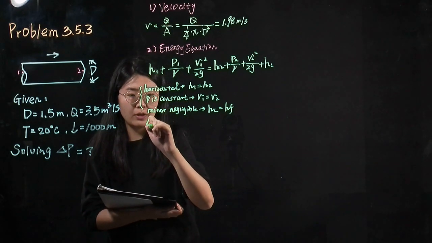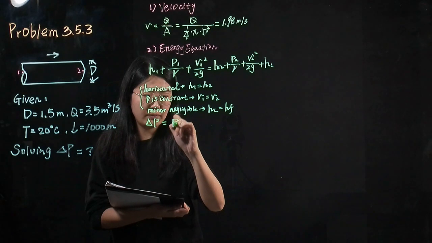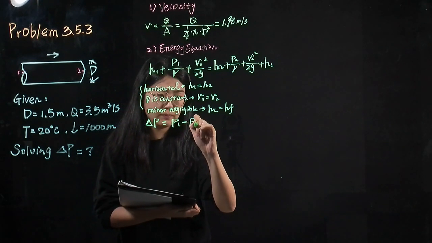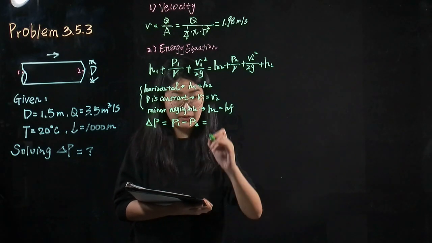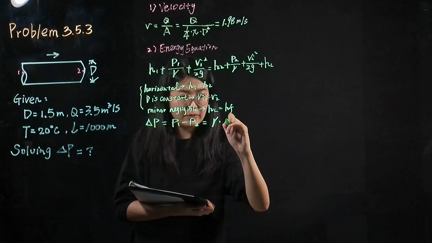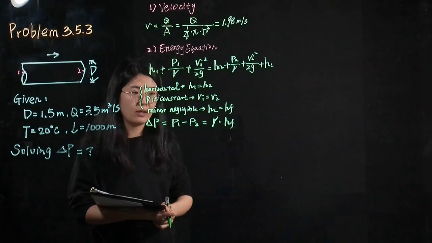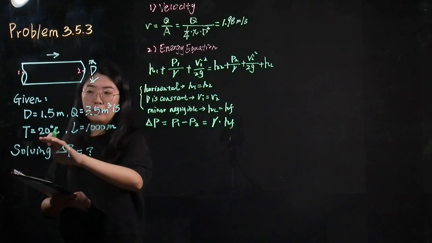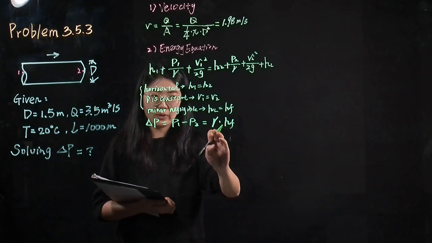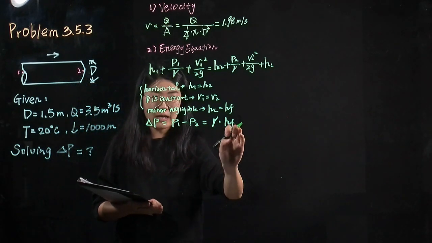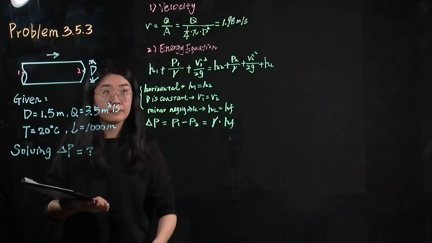Then we will know that the pressure drop, P1 minus P2, is equal to the specific weight of water times the friction loss. Because we know the temperature is 20 degrees Celsius, we can know the specific weight of water. Then the next step is to calculate the friction loss.